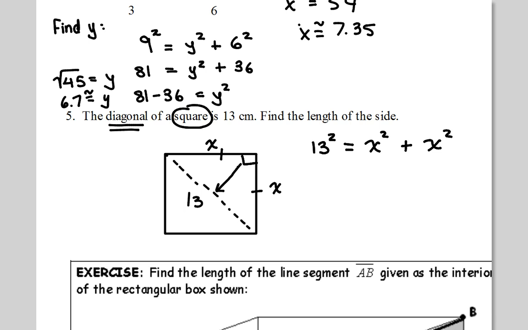What is 1 apple plus 1 apple? 1 and 1 make 2. What is 1x plus 1x? 2x. What is 1x squared plus 1x squared? Beautiful. So this left side is 2x squared.